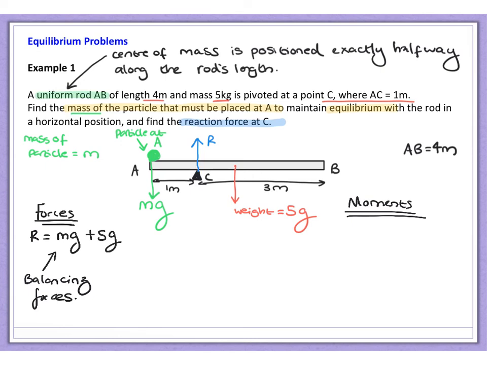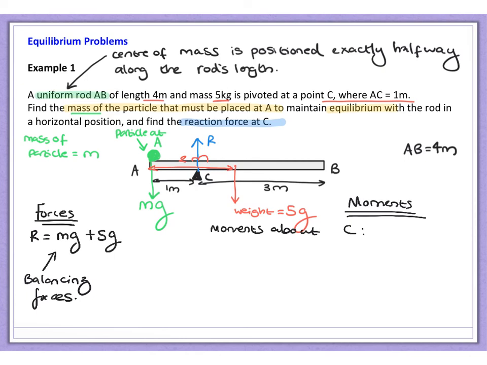It would make very little sense to take moments about point B, for instance, because we then end up with an equation that contains two unknowns because both R and mg will be involved in that equation because they will both have a moment about B. So I'm going to choose to take moments about point C. Up to you as to whether you do this or whether you have a go at taking moments about point A and seeing if you get the same answer.